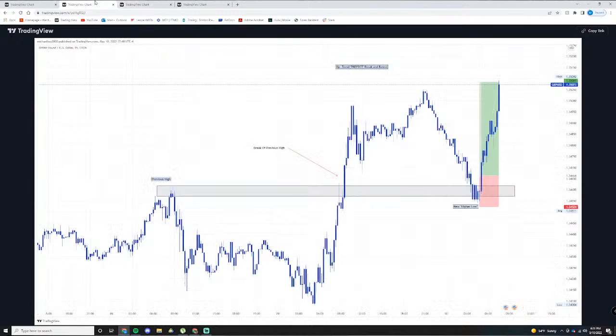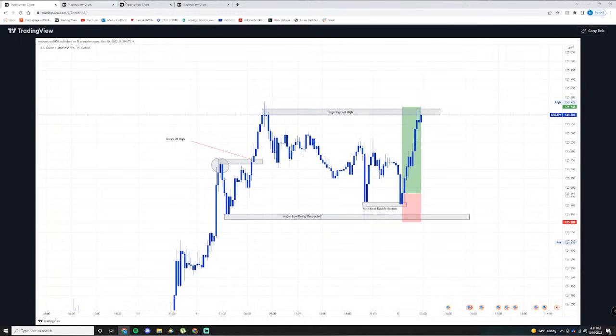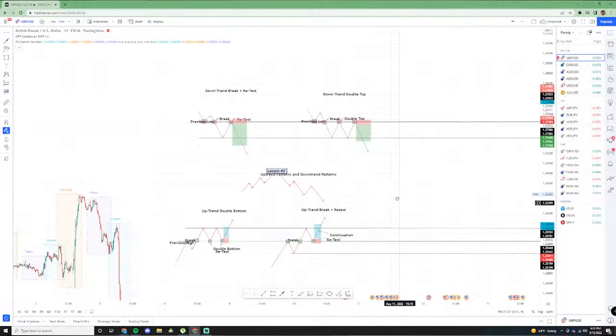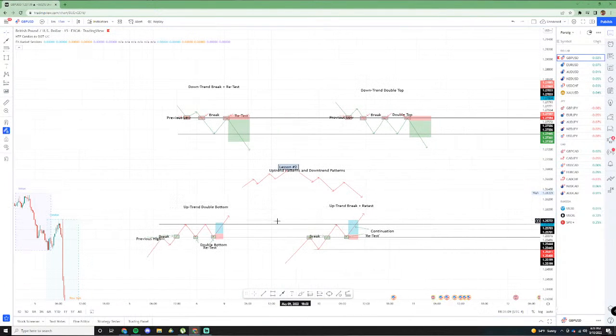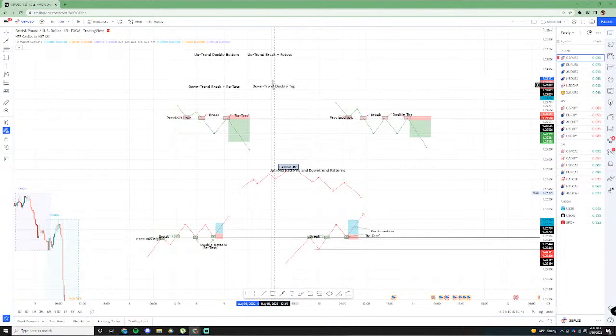Right? So just to recap one last time here. Four trends. Uptrend, double bottoms, right? So it comes, breaks, retests twice, and you take buys only. Uptrend, break and retest.